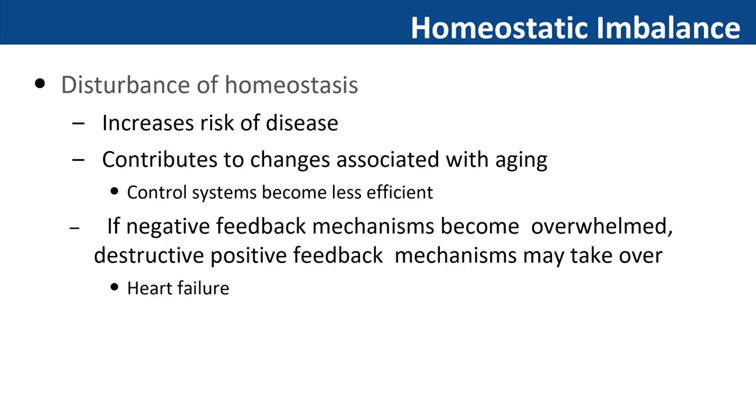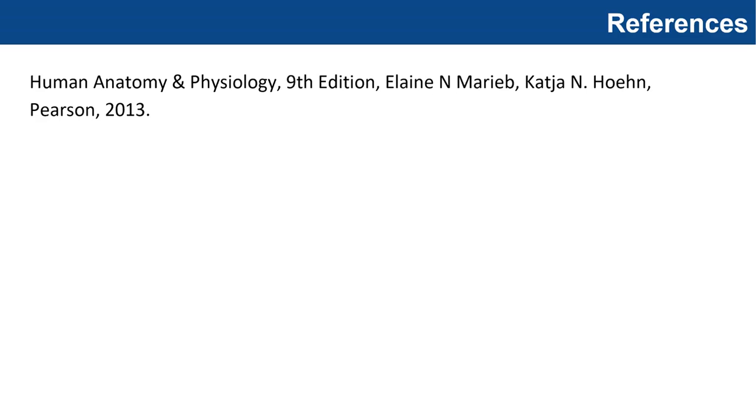But the reality is that as we age, our body's control systems become less efficient and our internal environment becomes less and less stable. So, in this way, when we lose homeostasis, or homeostatic imbalance occurs, we can be at risk of disease. We can get sick.